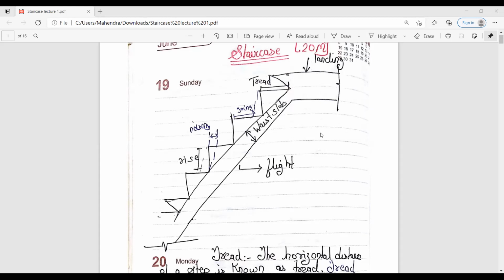Okay, till then you can draw this diagram. I will check the network. Wait a minute.